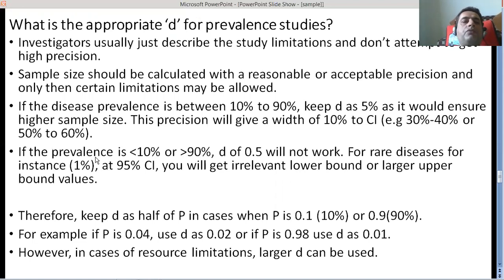For rare diseases, for instance, the prevalence of which is 1% or less, at 95% confidence interval, you will get irrelevant lower bound or larger upper bound values.